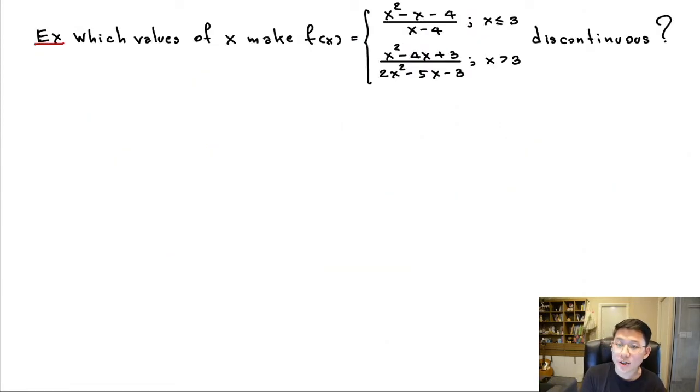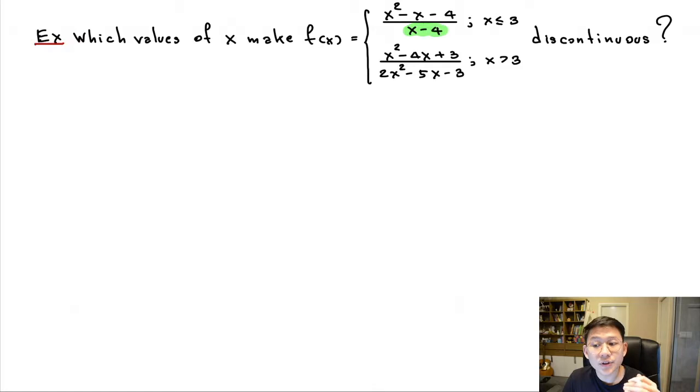Okay, for this question, which values of x make f discontinuous? So first, guys, f is not continuous when f of that point doesn't exist. So we first consider this x minus 4.